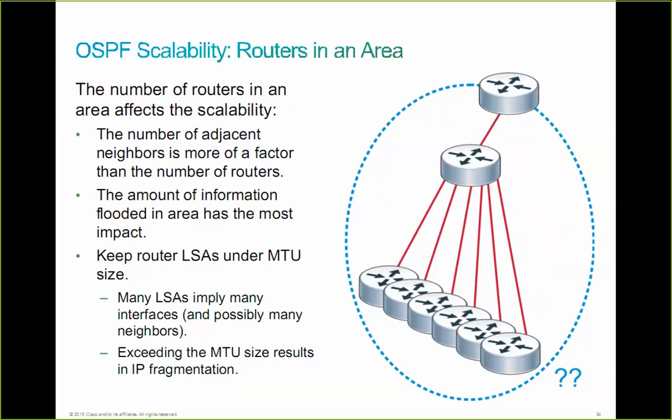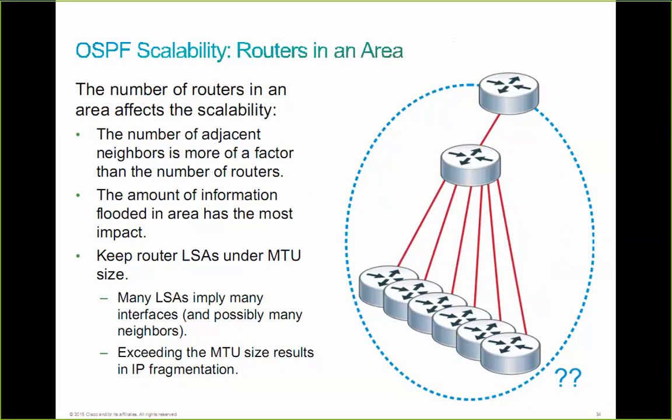Now, the general rule of thumb, this course was published in 2015, so this number may have changed, but the general rule of thumb is that you should have no more than 300 routers in an area. Okay? Now, it's very, very difficult to specify a maximum number because of all of the mitigating factors that go into calculating that value, and because of all the design considerations that you have with regard to areas.